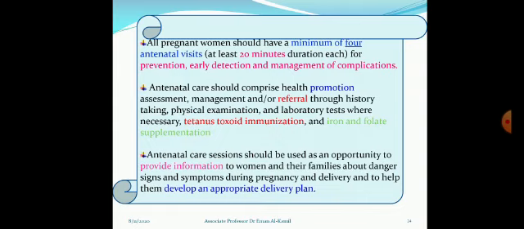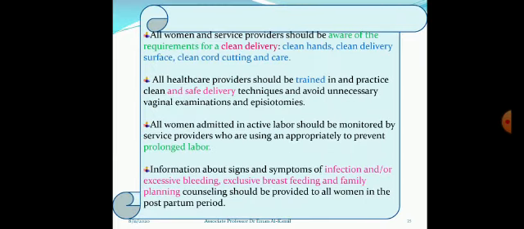It is also important to give prophylaxis if the mother is not sure about her tetanus immunization. We will provide her with 5 doses of tetanus toxoid at different stages, and we are going to discuss that later. And it is important to ensure a clean delivery, with clean hands, and cutting the cord with a sterile instrument.